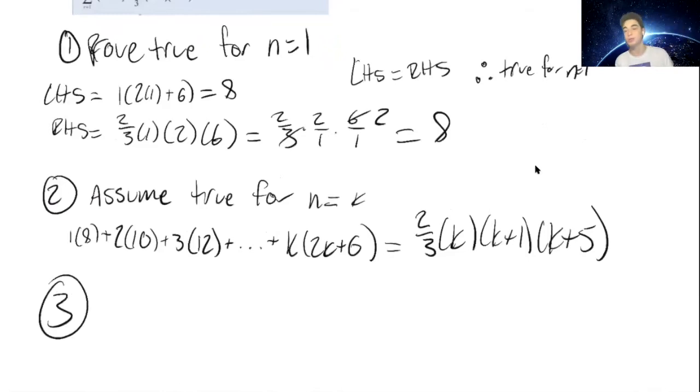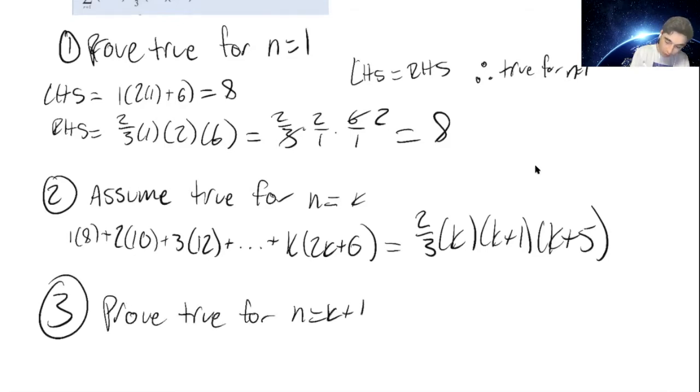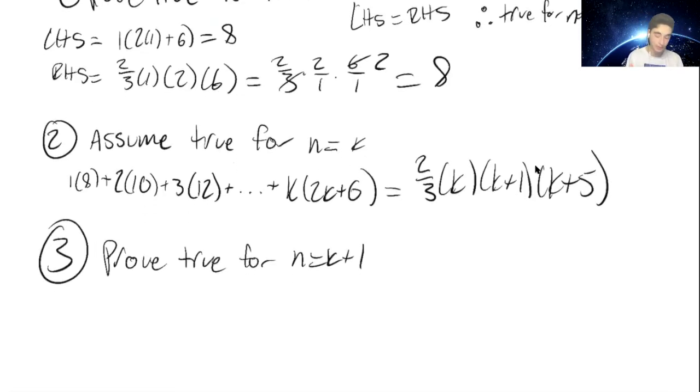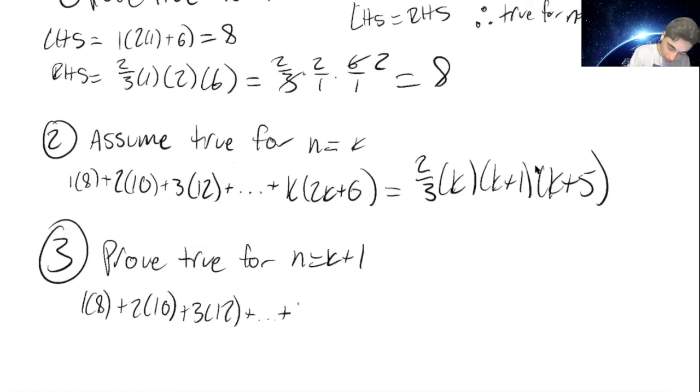Always. Just practice. Okay, so for step number 3, now we want to do the same thing, except remember, all values of k are now k plus 1. So prove true for n equals k plus 1. All right, same thing. 1 times 8 plus 2 times 10 plus 3 times 12 plus up until k, 2k plus 6.